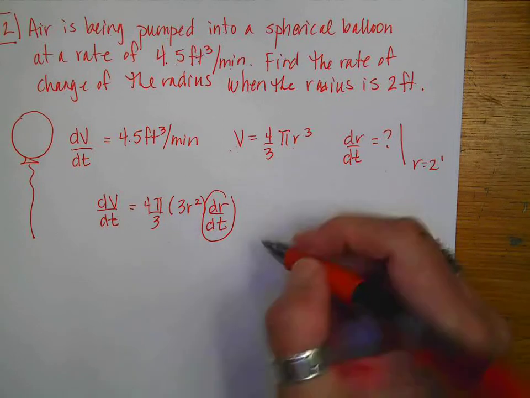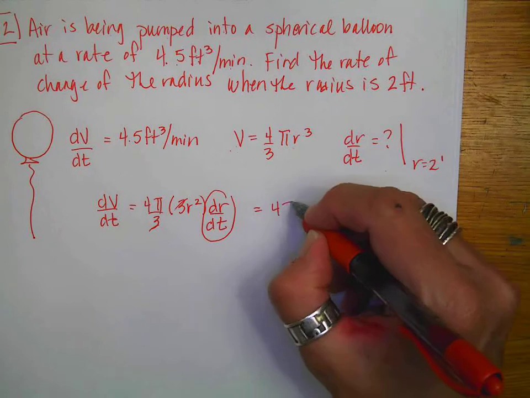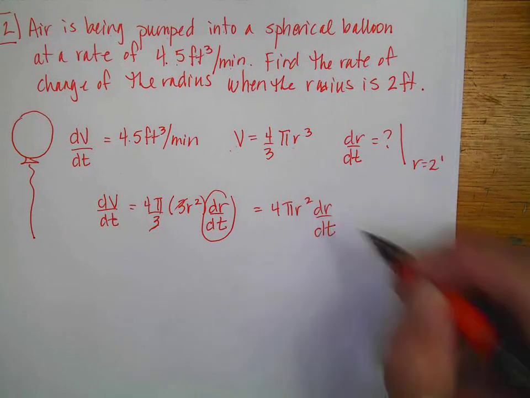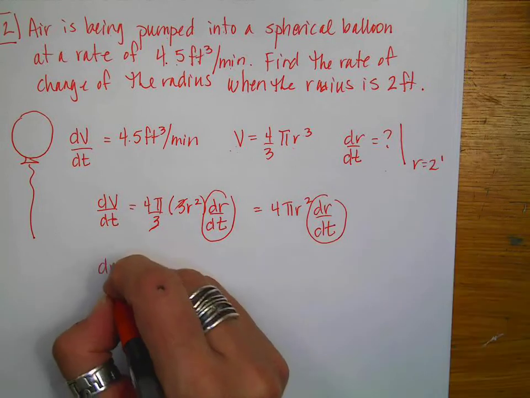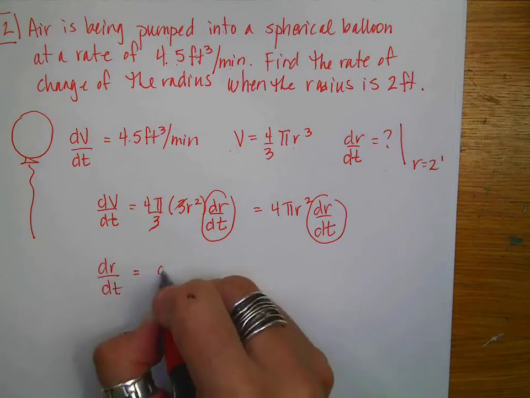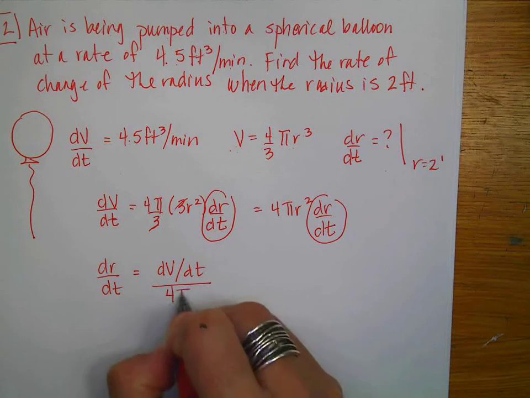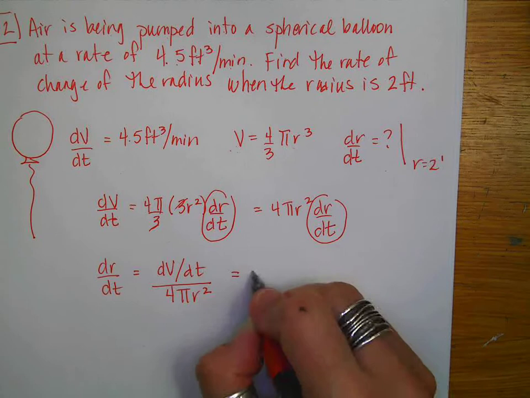So I know this, and I know this, so I'm going to clean up my equations, so my 3's cancel. So I have 4 pi r squared dr dt. I'm solving for dr dt, so dr over dt is going to equal dV over dt divided by 4 pi r squared.